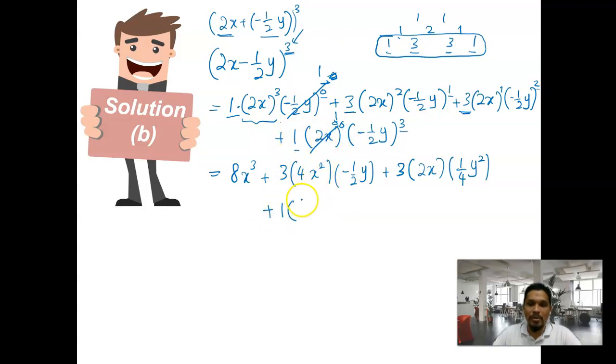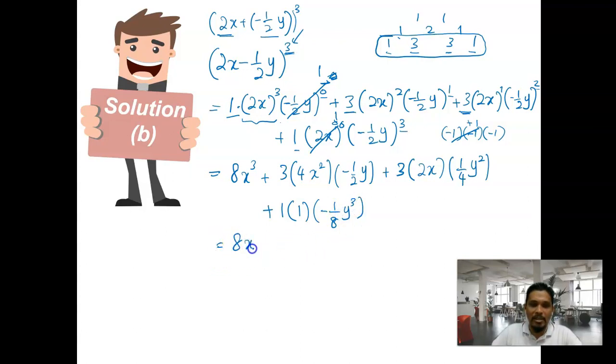Then (2x) to the power of 0 equals 1. Another 1 here. Negative cubed: negative 1 multiplied with negative 1 is positive 1, positive multiplied with negative is negative. 1/2 cubed is 1/8 and y to the power of 3.